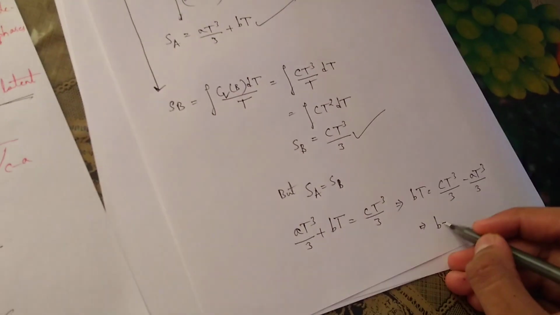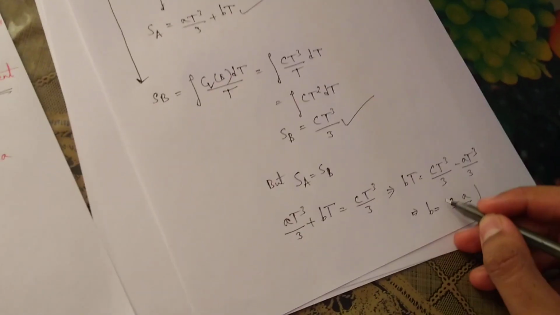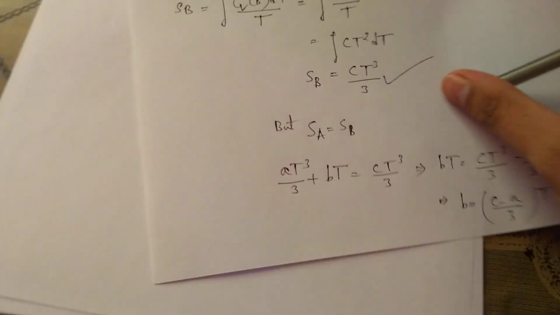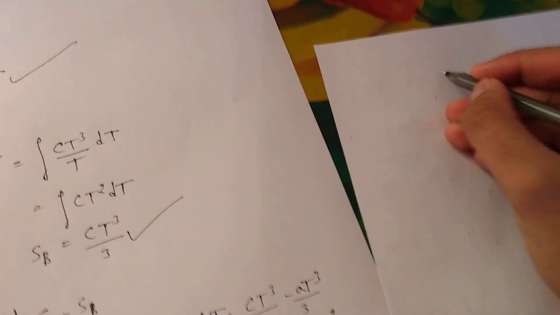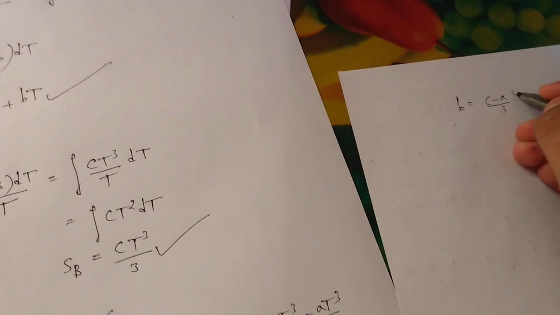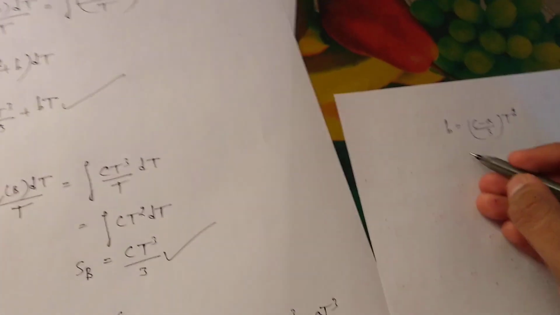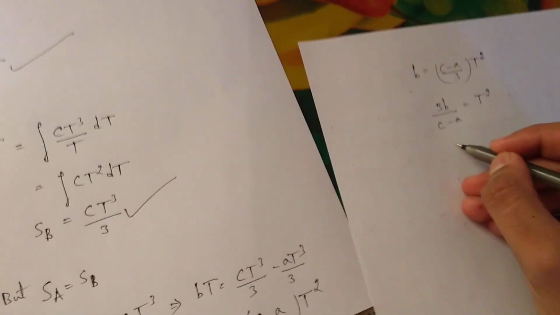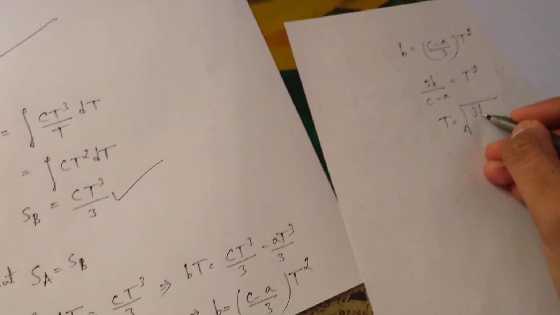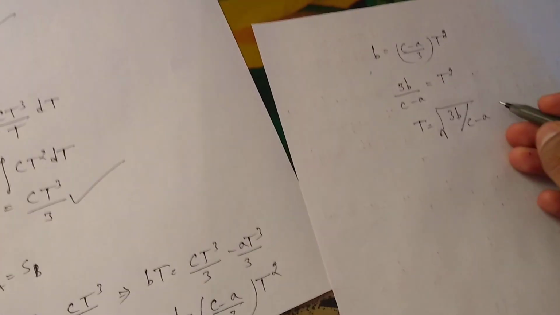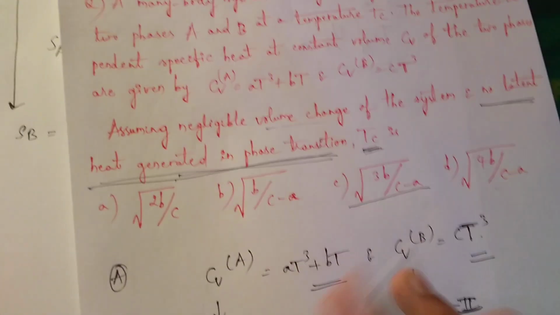That implies B equals, taking the T common and cancelling it, C minus A by 3 into T squared. So 3B divided by C minus A equals T squared, and T equals the root of 3B divided by C minus A. This is nothing but the temperature during the phase transition, and let us see our options. This is option C, root of 3B by C minus A.